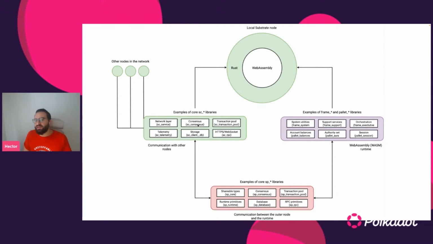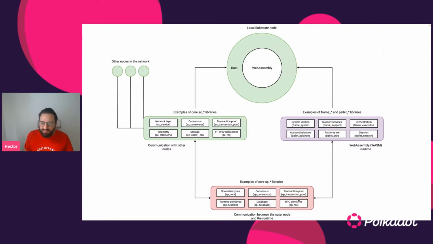The core also interacts with the runtime in a way, or rather the node side interacts with the runtime. You will not see this mostly from the runtime, but it basically serves these two purposes.